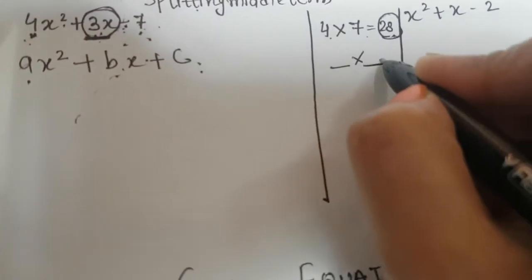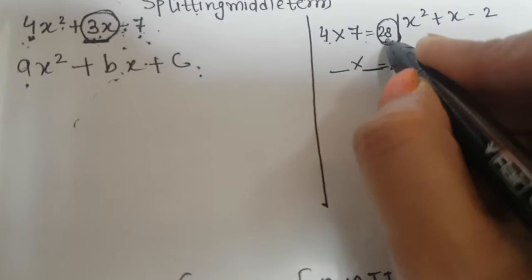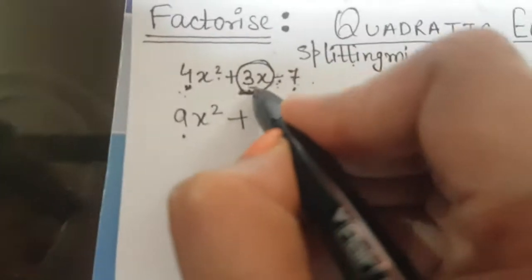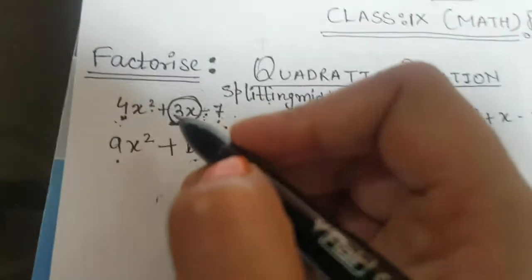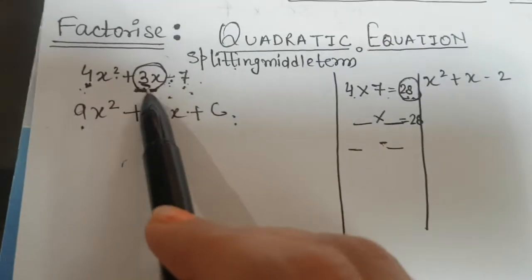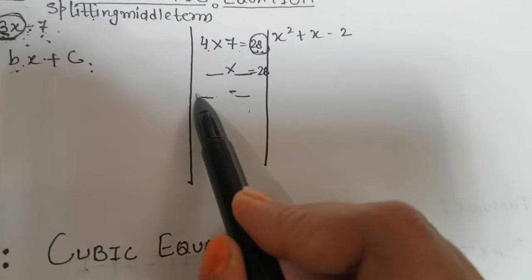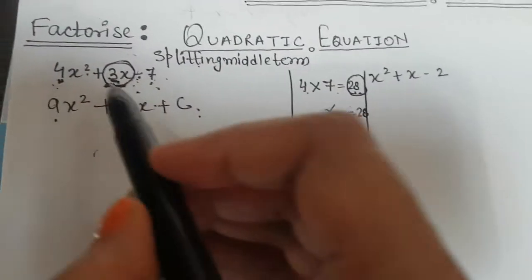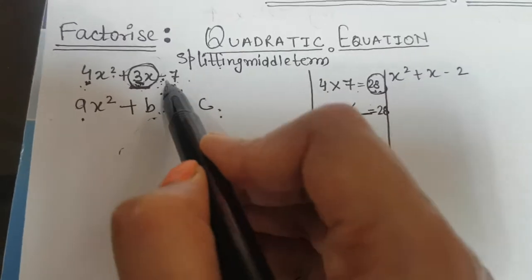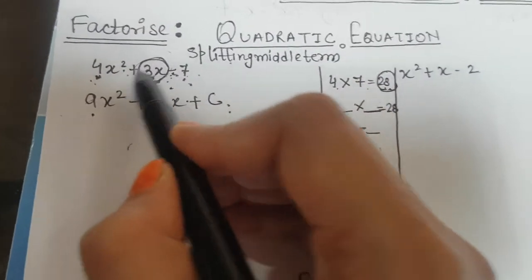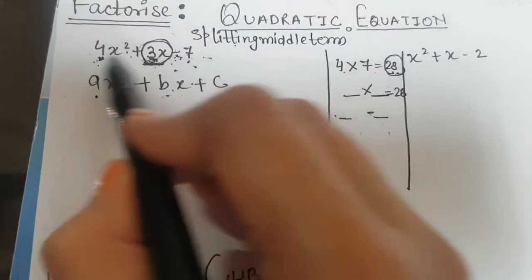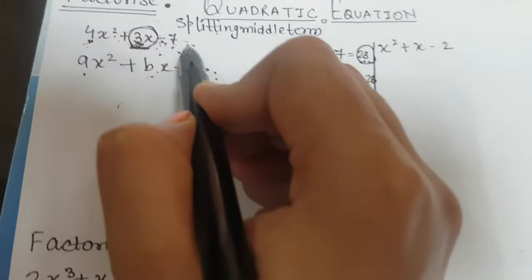The multiplication of these two numbers should be 28, and the subtraction of these two numbers should be 3. We will split the middle term according to these conditions. The first condition is the multiplication of these two numbers, in which we will split 3. For the subtraction, we will see this sign. The subtraction of these two numbers should be 3, and the multiplication of these two numbers should be 28.